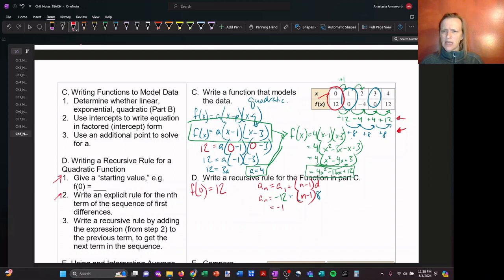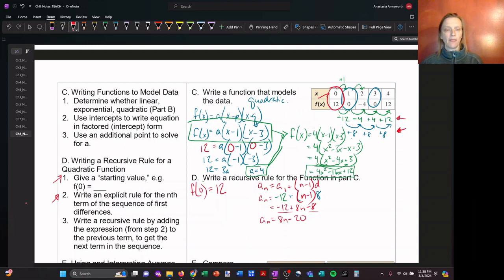I'll write this as negative 12 plus 8n minus 8. And I've got some like terms here that I can combine. So I'll have 8n minus 20. So I finished step 2. I've written that explicit rule for the nth term of the sequence of first differences.